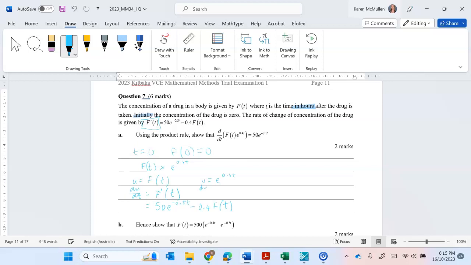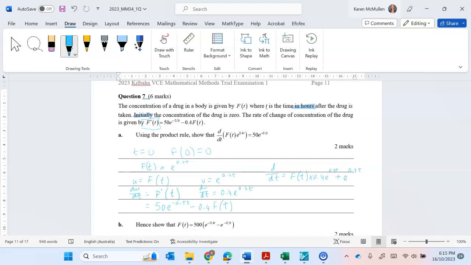So using the derivative of e, we're going to end up with dv/dt equals 0.4 e to the 0.4t, which is on your formula sheet. So the derivative, using your product rule, we've got u times dv/dt, so f of t times dv/dt, plus v times du/dt.